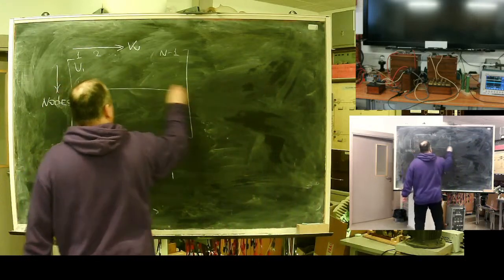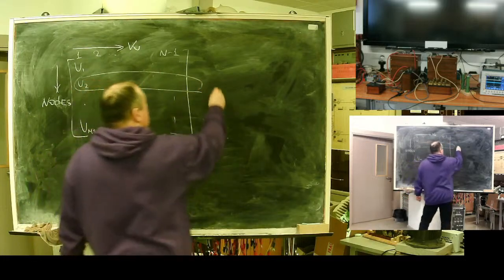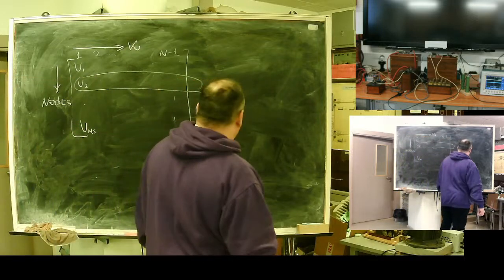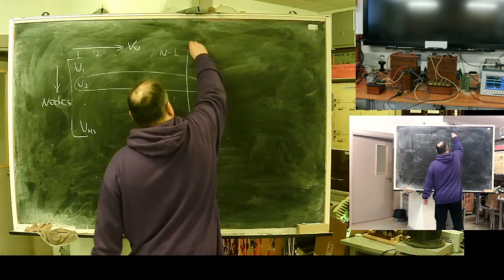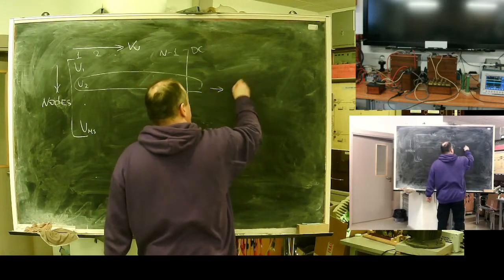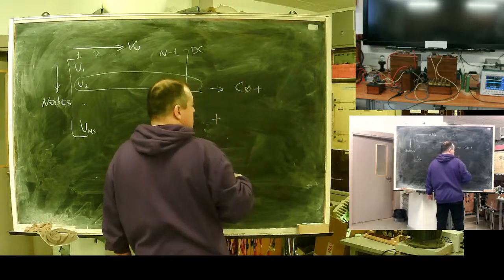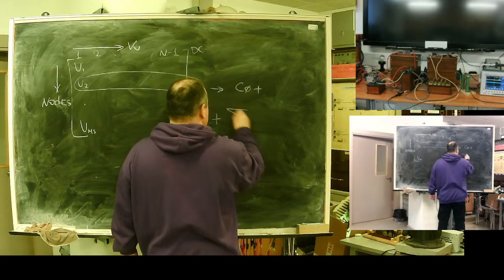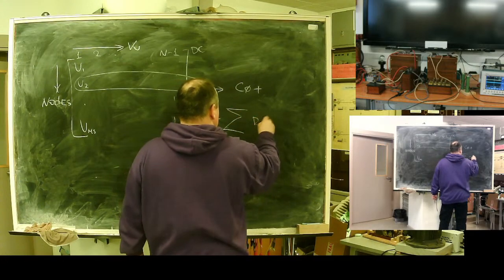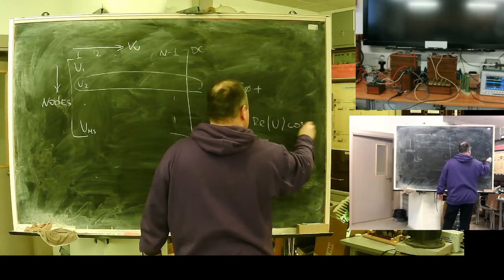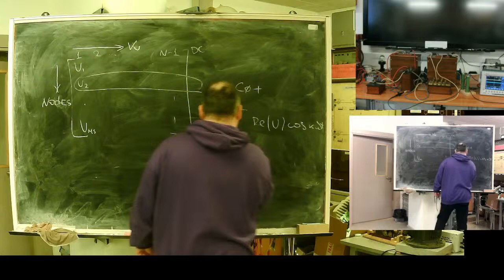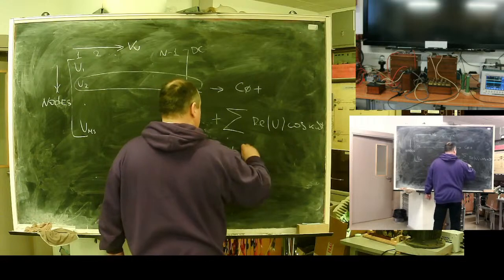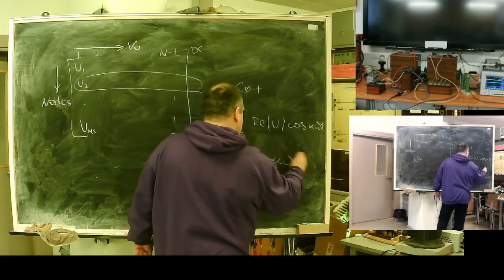Each row of this matrix can be converted into real voltage via inverse Fourier transform. So I also need DC, and it will be V0 plus the sum of real of voltage cosine k omega t plus minus imaginary part of voltage sine k omega t.